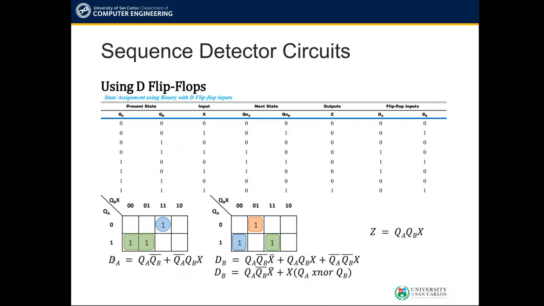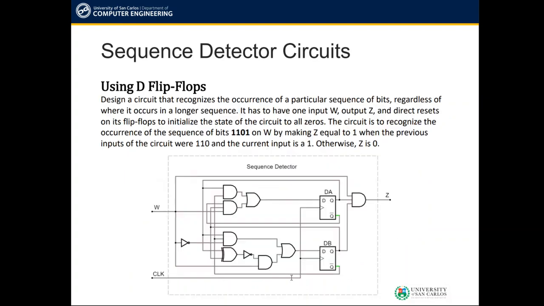So this is for the DA, DB, and then the Z outputs. And after getting this, we can now construct your circuit. Okay, so this is now the final circuit for the sequence detector for this problem.